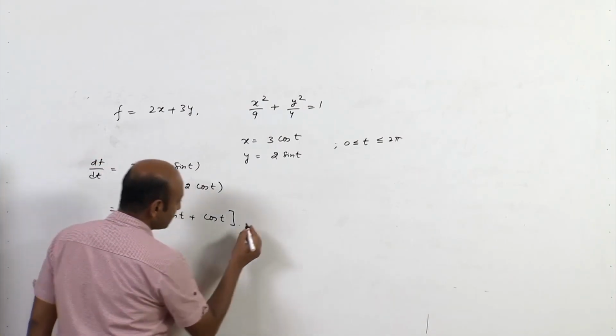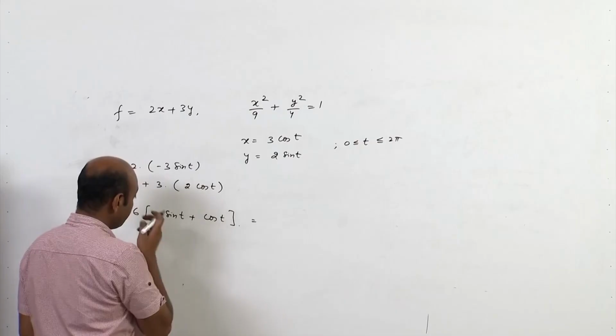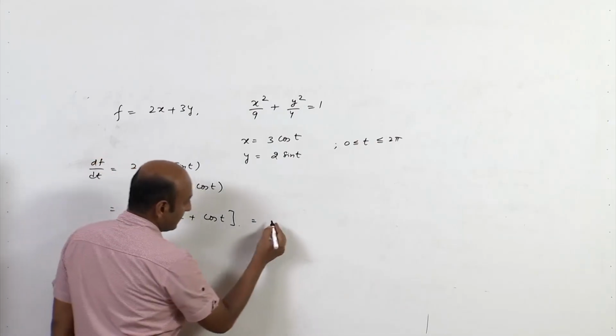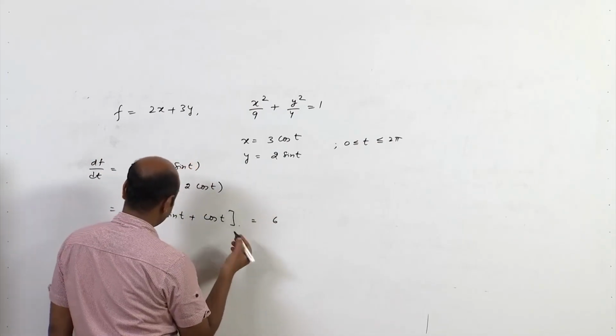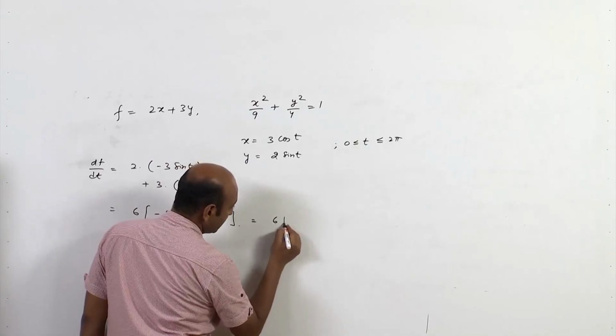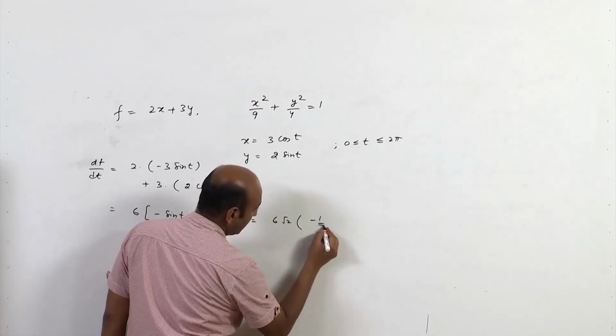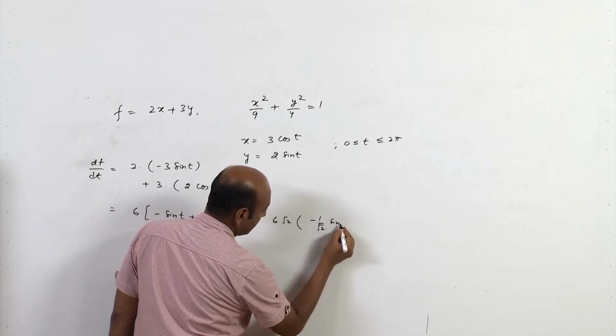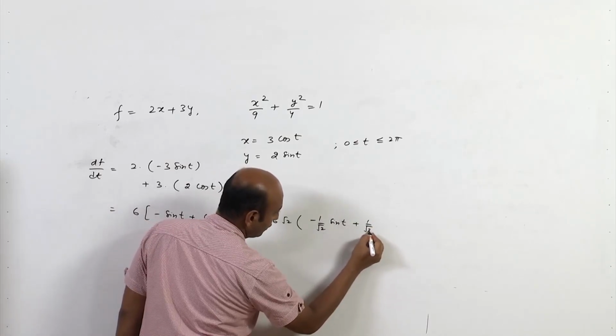So this is nothing but you can easily write this as 6 under root 2 into minus 1 by under root 2 sin t plus 1 by under root 2 cos t.